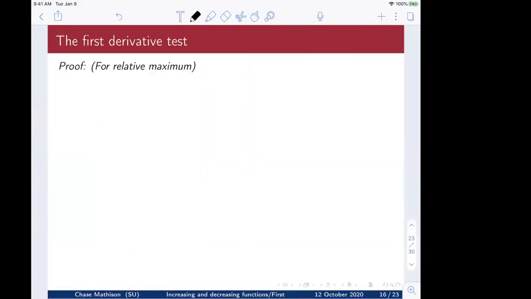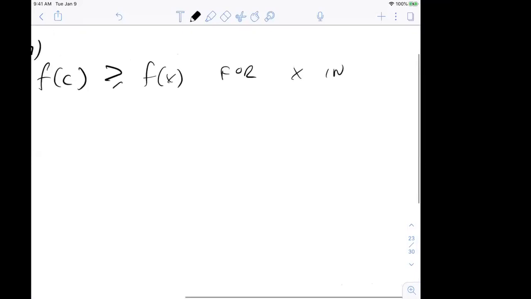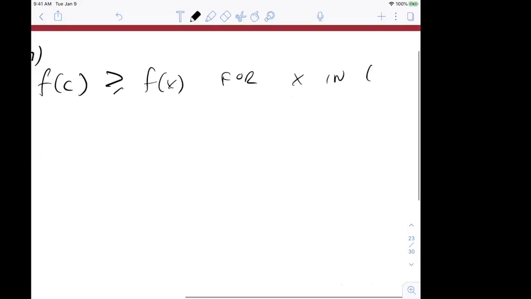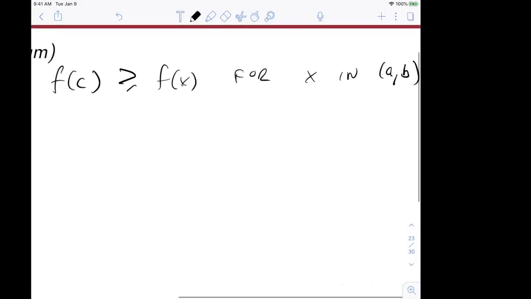Okay. So a proof for a relative maximum. What does it mean for f of c? We want to show that f of c is bigger than or equal to f of x for x in some interval a to b, okay?